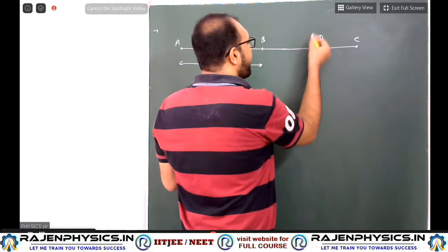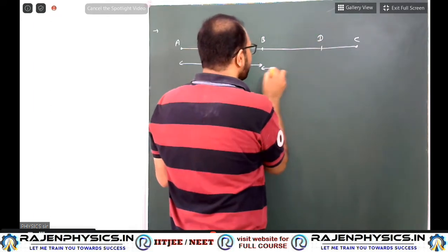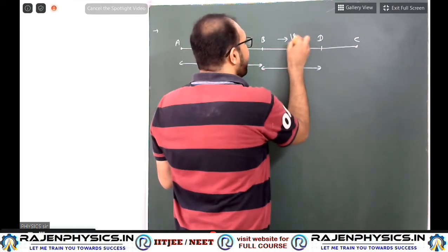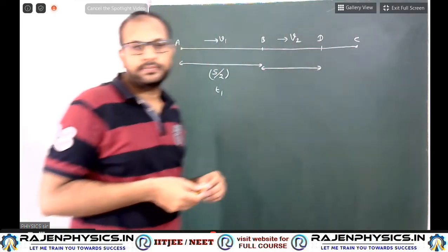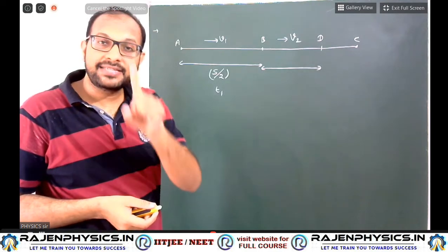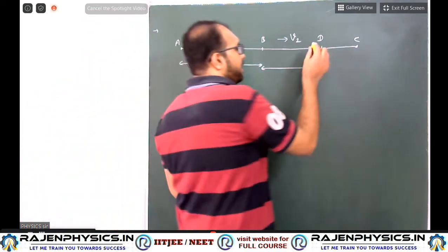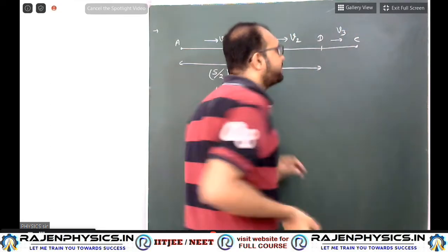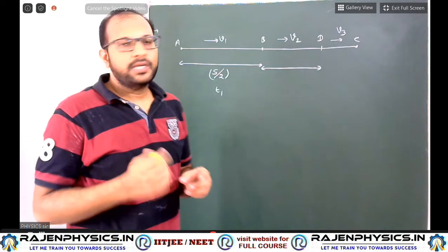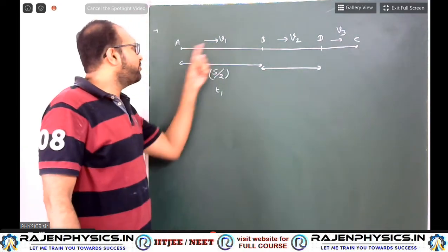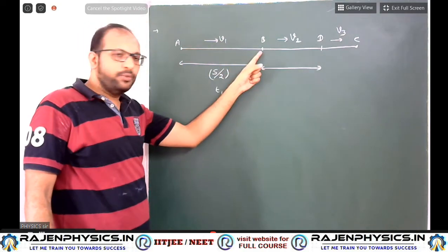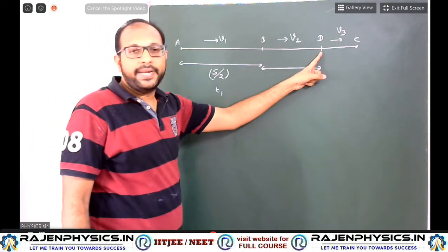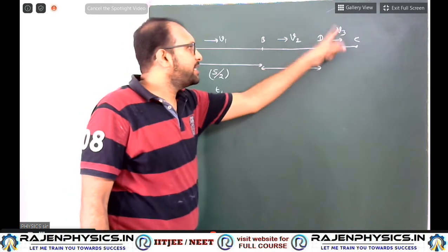Here one more point D is taken in between. From B to D, the velocity maintained is v2. In between D and C, the velocity maintained is v3. Students, the particle moves with v1 from A to B, with v2 from B to D, and D to C with v3.